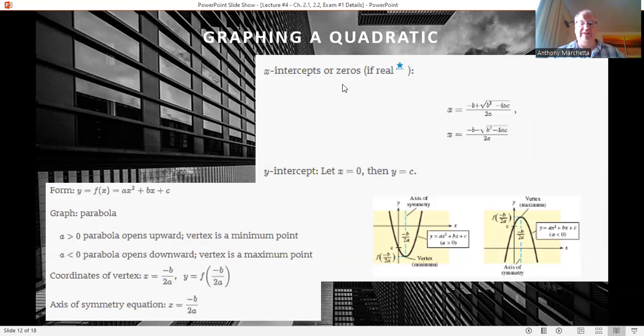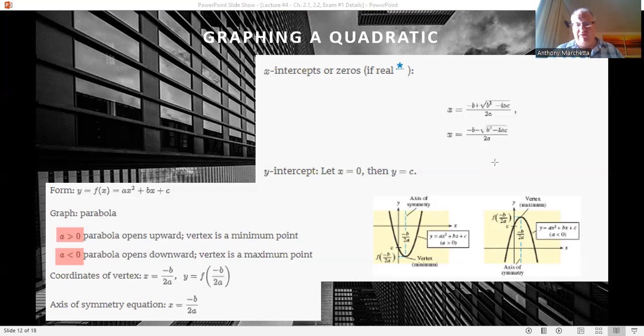Something else that's important to remember, and I'm going to really stress this because it's an easy thing. This concept here just means if A is positive. Here, this just means if A is negative. When you're looking at an equation of a parabola, if the x squared coefficient is positive, you can assume it's a smiley face, happy, right?